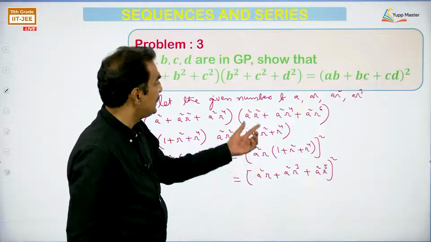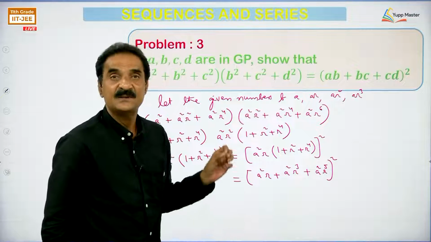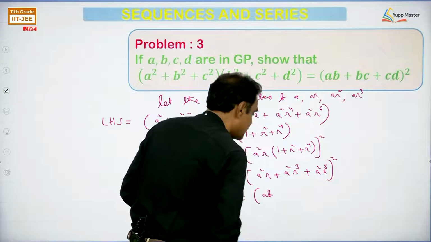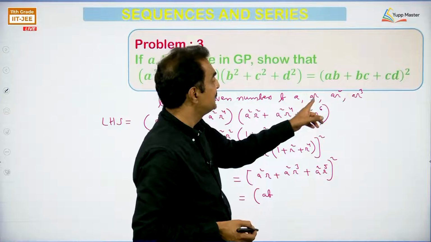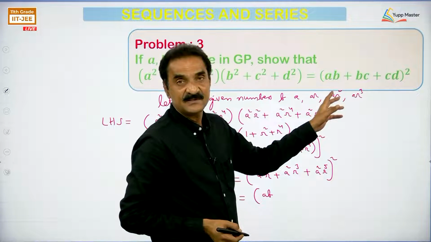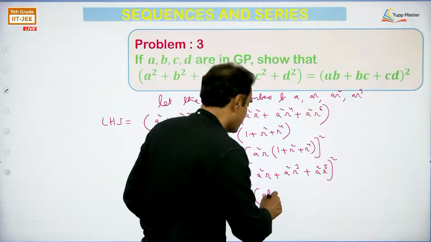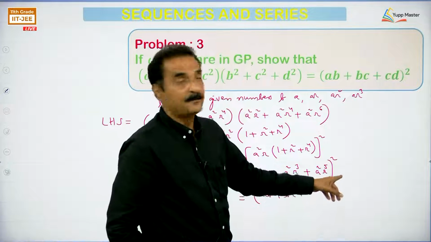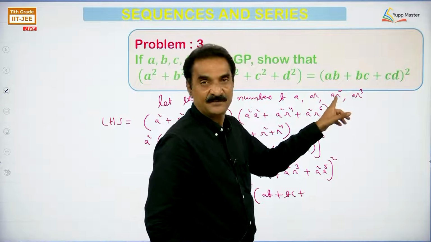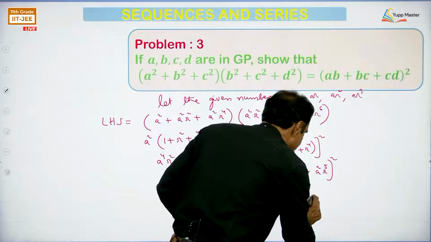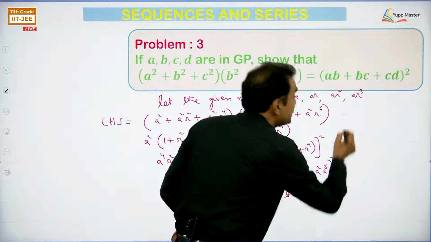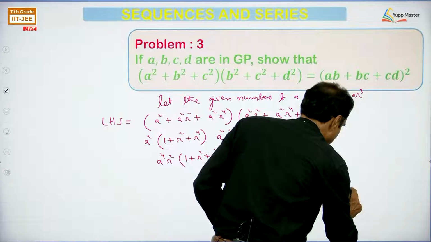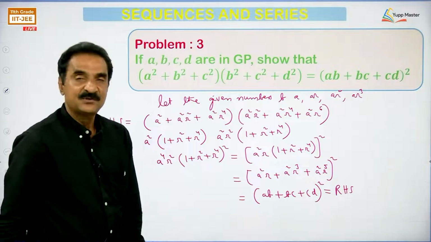Now a square r is a into ar, that is a into b. So we can write this as ab. a square r cube is ar into ar square, that is b into c, plus bc, plus a square r power 5 is c into d. So plus cd whole square, which is equal to RHS. Alright. Next question.